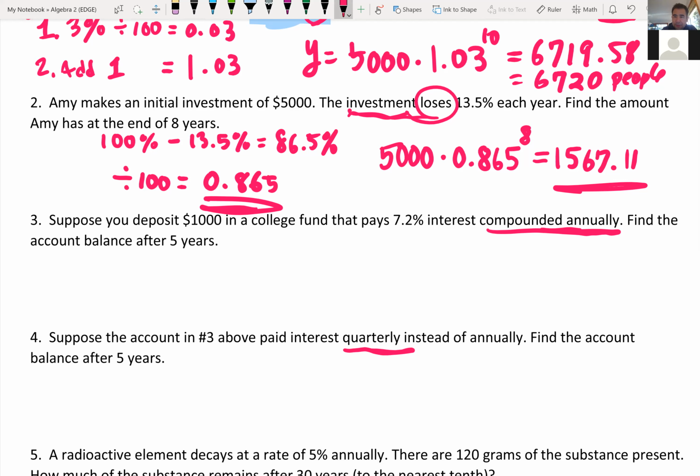So it's a growing, okay? Suppose you deposit 1,000, it pays 7.2%. So it definitely is growing.